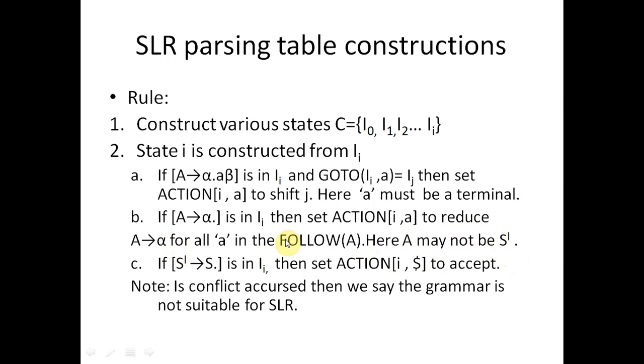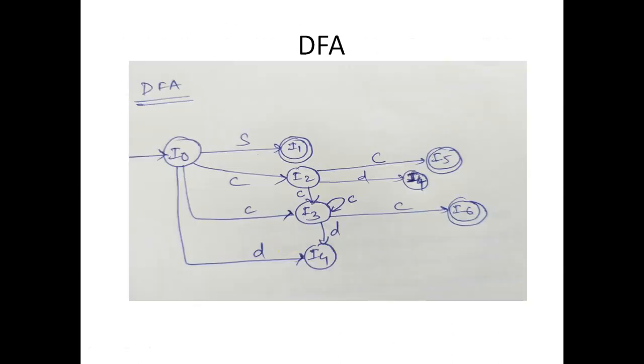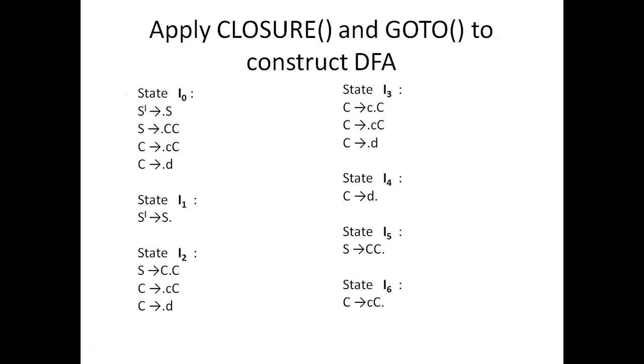I'll take an example for this. We'll go through the state transitions to see wherever the dot is at the end. Here no dot is at the end; here it is, but the rule says that the S dash state is not allowed. Then I2, wherever dot is at the end, no. Then I3, any dot at the end, no, but in the I4 state the dot is at the end.